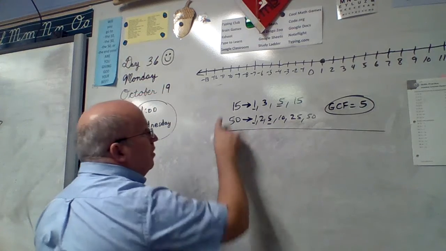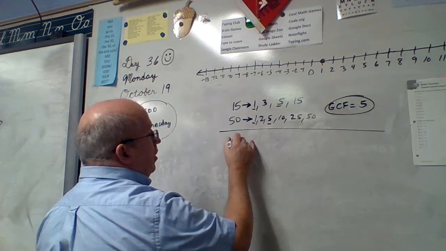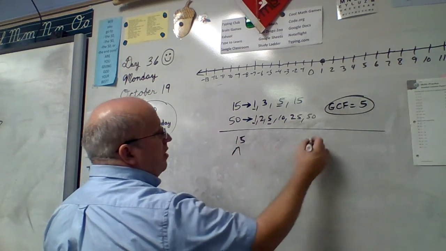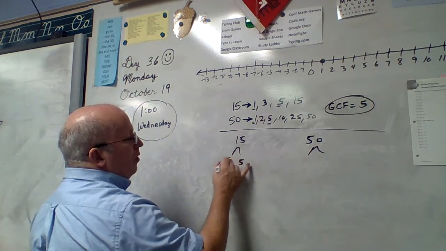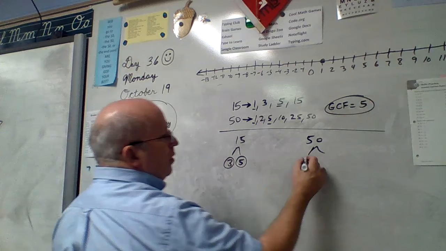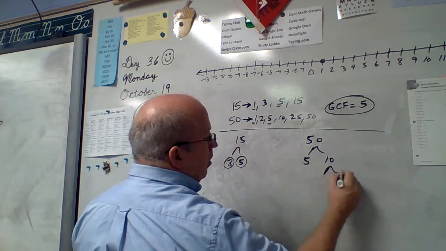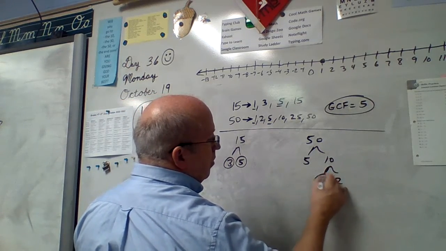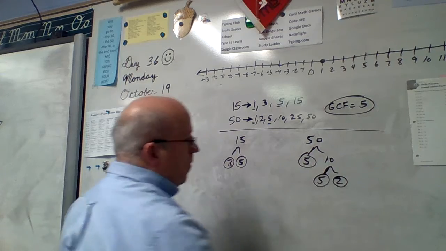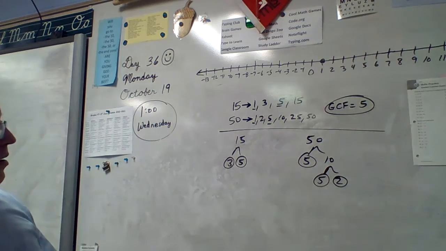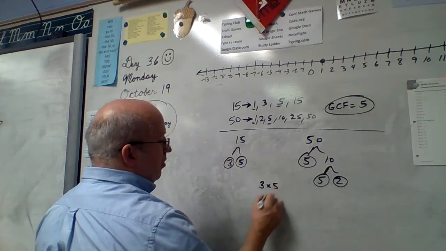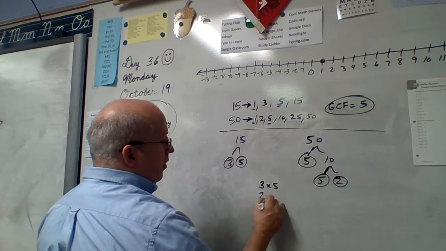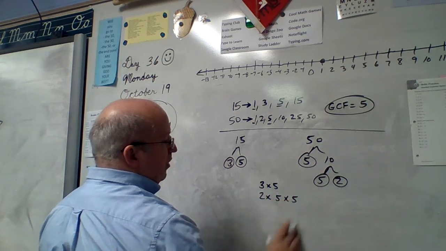Method 2 of this same type of work is we take these two numbers and we create factor trees for them. Remember factor trees? And then we write down the prime factorization of 15 and the prime factorization of 50.